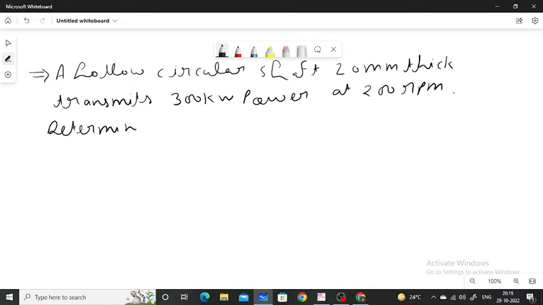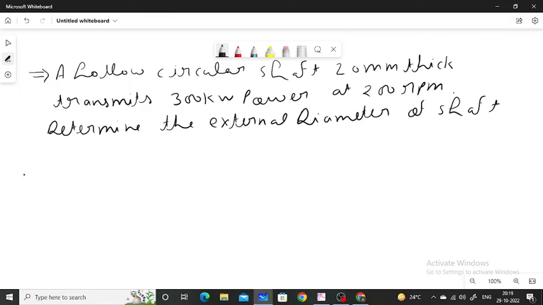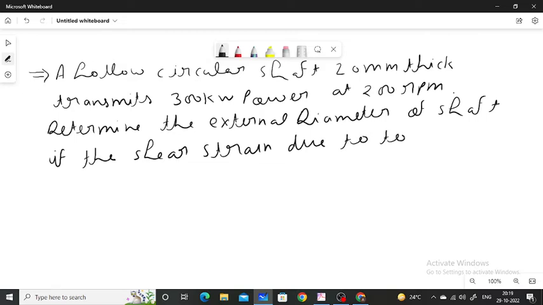Determine the external diameter of the shaft if the shear strain due to torsion does not exceed 0.00086.